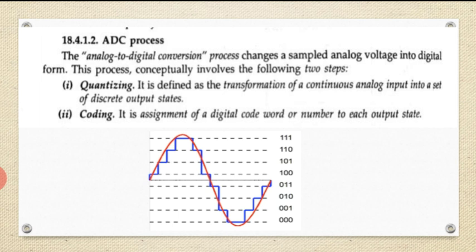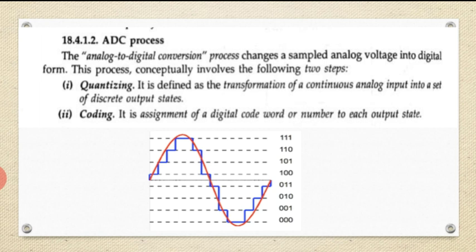The analog to digital conversion process changes the sampled analog voltage into digital form. This process follows two steps. First one is called quantizing and second one is called coding. First, it quantizes the continuous analog signal into a set of discrete output states, as shown in the figure.